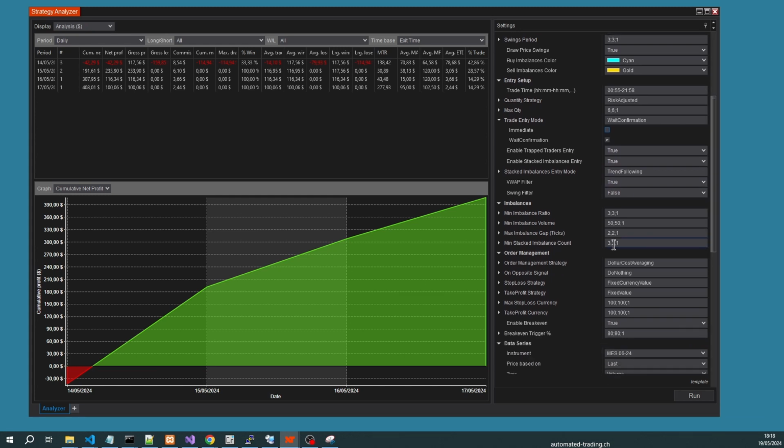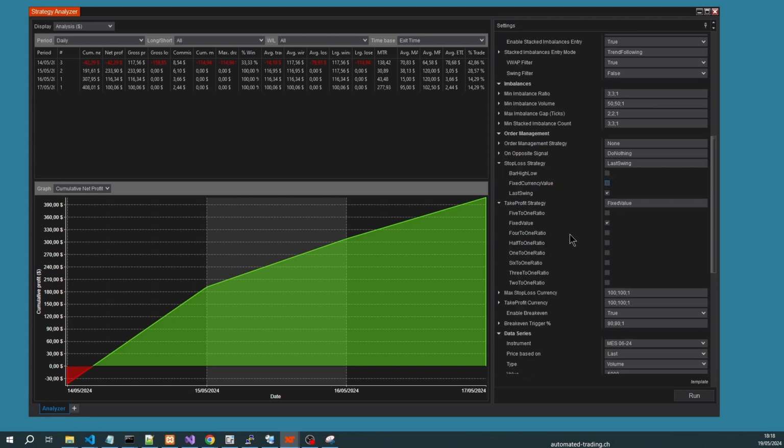And so I will leave all these values, and I will select none here. I don't want to test over other order management strategies. Do nothing, fix it. No, I want to select last swing, fixed value.